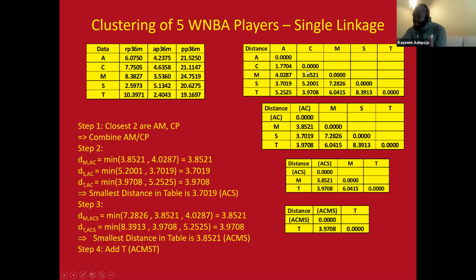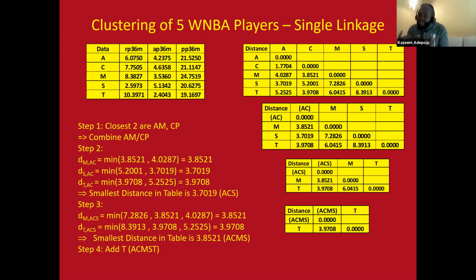Now, if I have a distance table, I need to identify the smallest distance. When I say the smallest distance, I'm not talking about 0, because 0 is just the distance between me and me. My distance from myself should be 0.